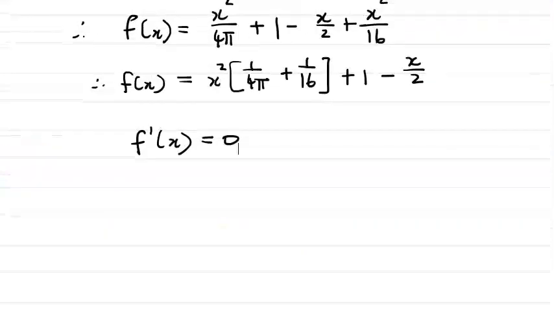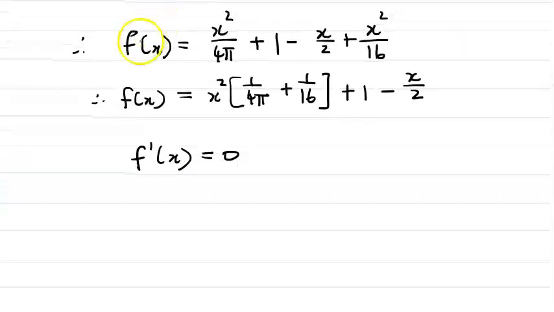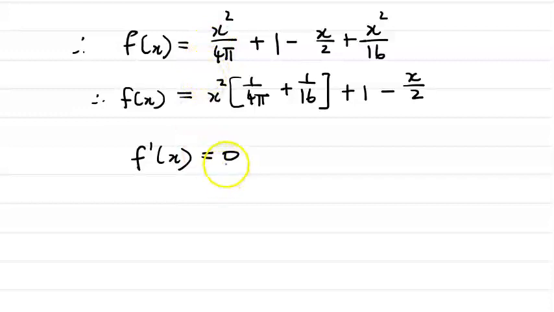So let's look at the derivative of the function and equate it to 0. When we're working out the derivative of the function, remember, we're going to be using the rule. You must make sure that all terms are separate. Make sure that there's no x terms in the denominator, no roots.